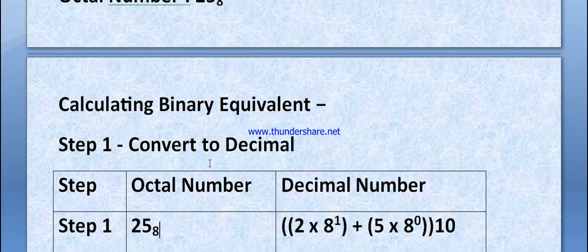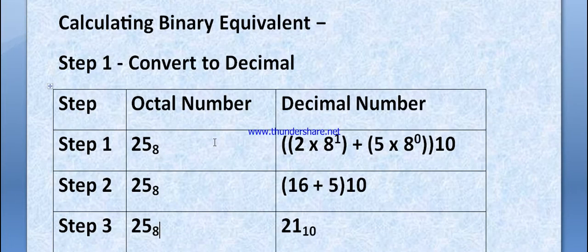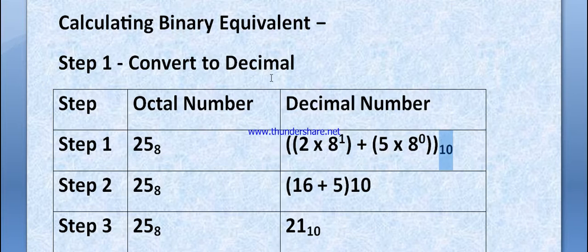So calculating the binary equivalent, we first convert to decimal. Suppose 25 base 8, this is the octal number. So 2 into 8 to the power 1, and 5 into 8 to the power 0, and that gives the decimal.